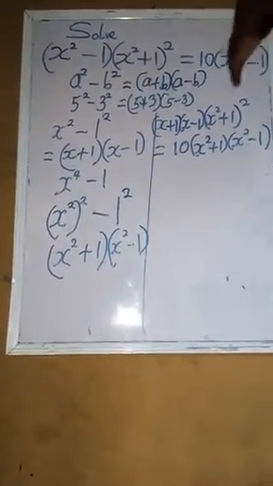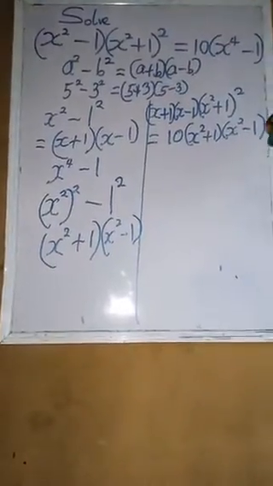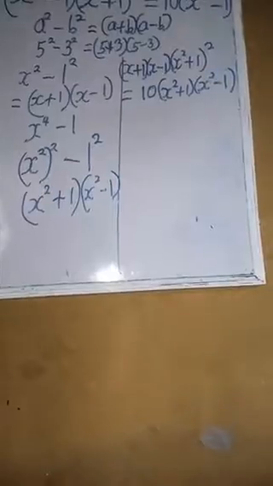So at the right hand side here we have x squared plus 1, then at the left hand side we also have x squared plus 1. Then at the right hand side here we have x squared minus 1, which I have split into x plus 1, x minus 1. Then at the left we also have x squared minus 1.